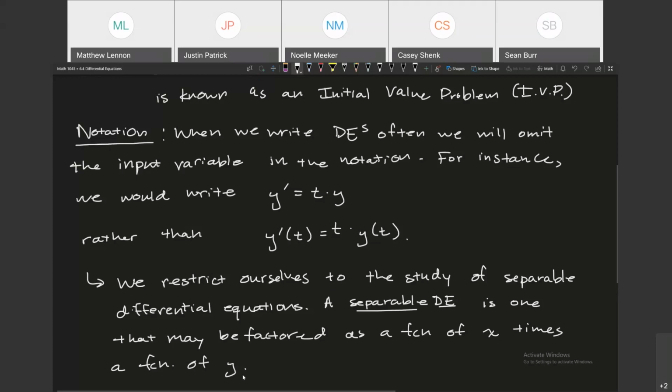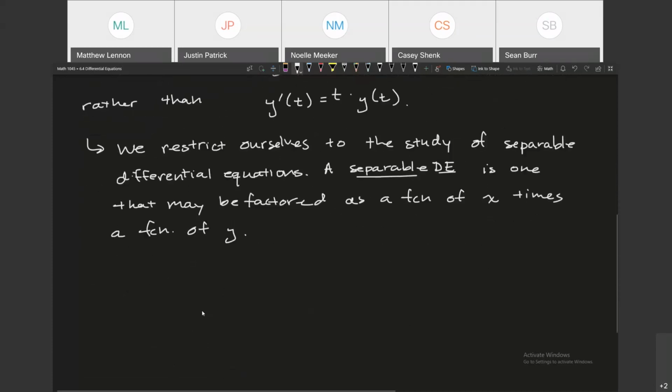It doesn't have to be x and y, but typically that's what we're going to be seeing. That is maybe written something like dy over dx equals some function, say g of x, a function of x, times a function of y, f of y. Something like this. Okay, so we've certainly had plenty of notation and definitions to start today.